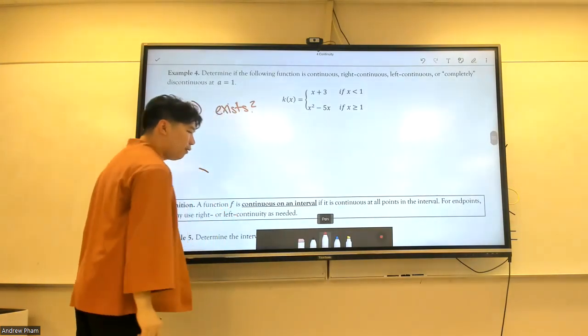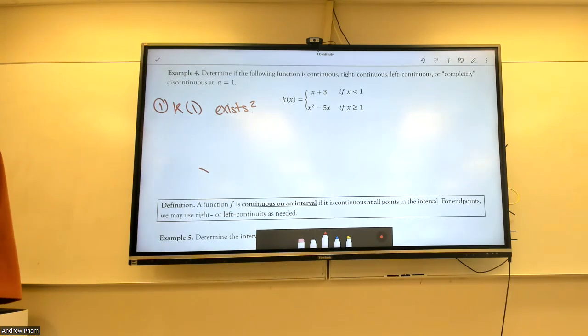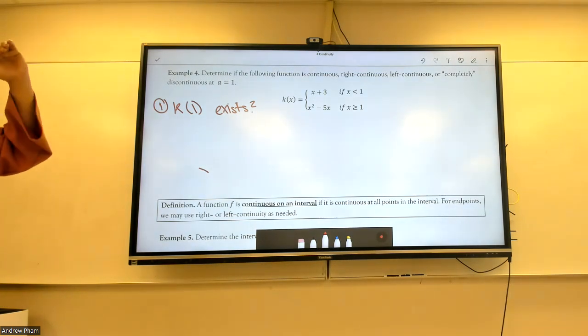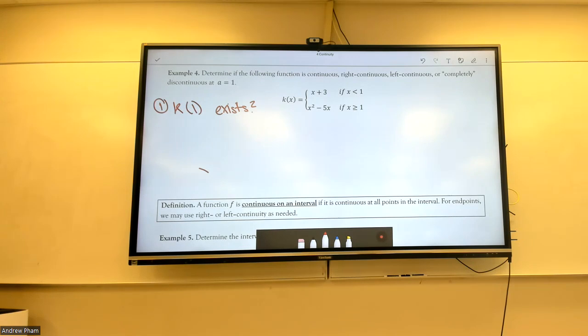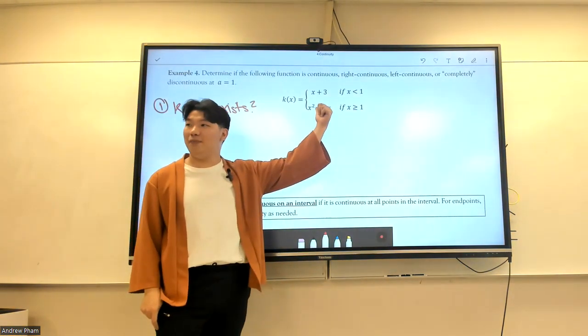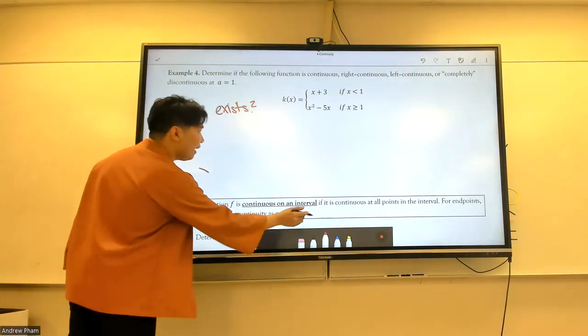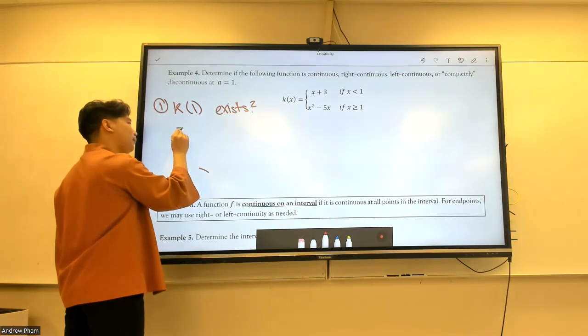So for k of 1, which one of these functions am I using, the top one or the bottom one? Yeah, we're going to use the bottom one because, again, k of 1 says, what is k when x is equal to 1? Well, this piecewise function tells me if x is equal to 1, I use the bottom function. So in other words, for k of 1, I'm plugging 1 into the bottom.